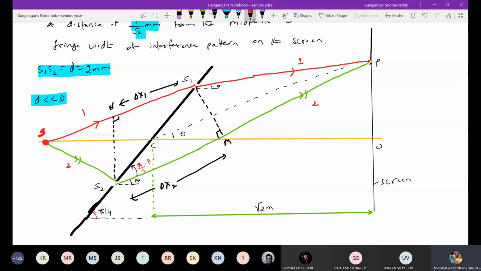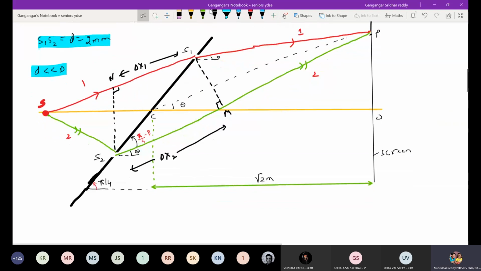And this distance S1S2 will be equal to d. So let's calculate in the triangle S1, S2, M, and from the triangle we'll calculate delta x2. Then we'll see what we can do with delta x1.